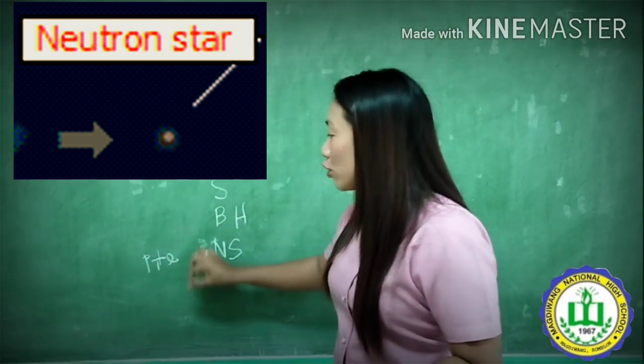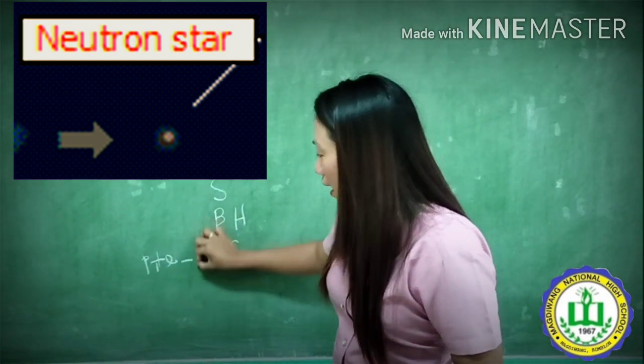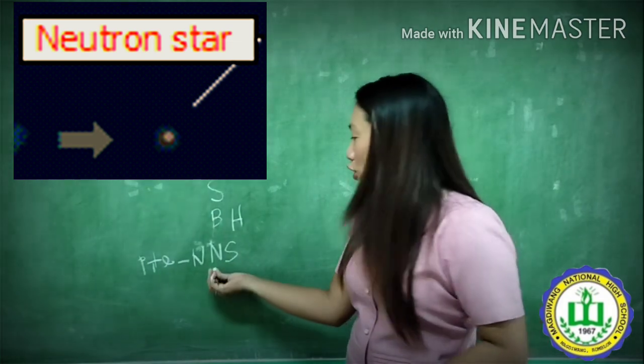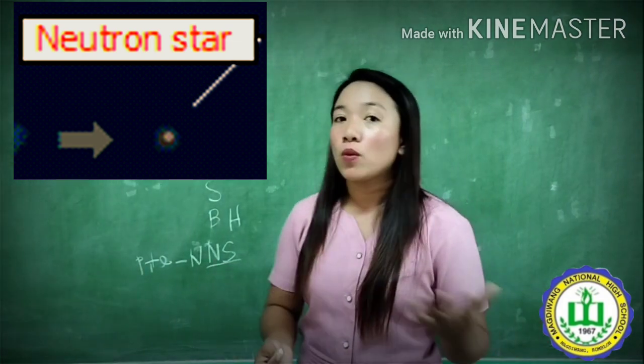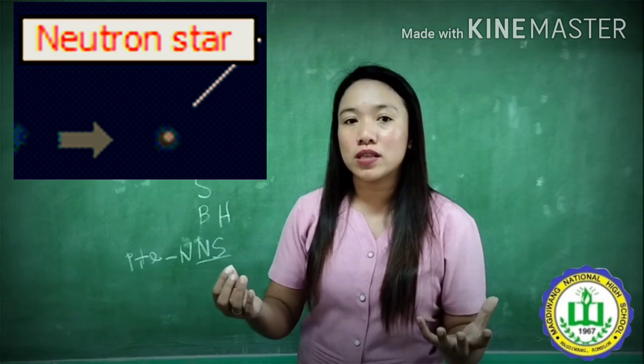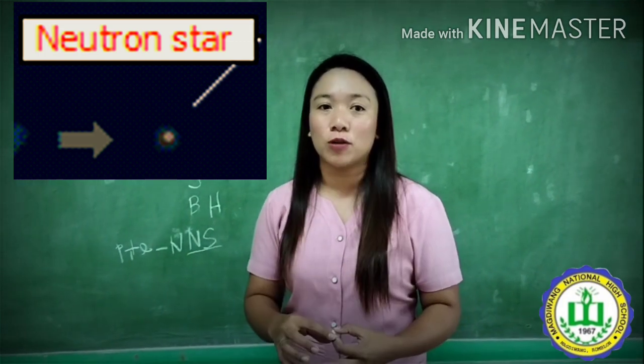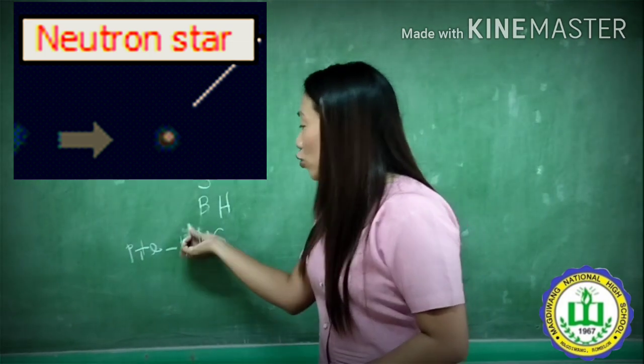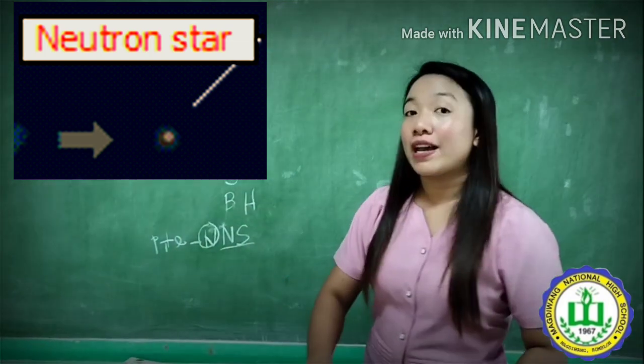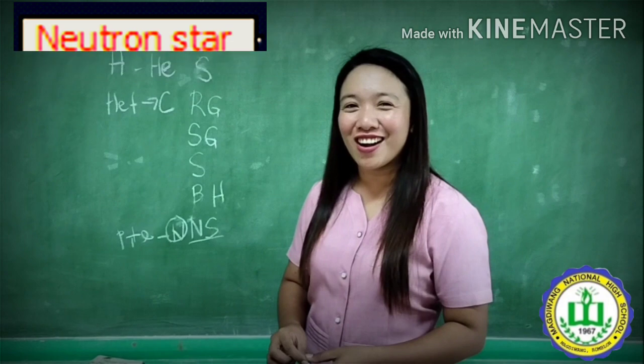When protons and electrons fuse, a neutron star is produced. The star is no longer composed of complete atoms, only neutrons. Kaya nga tinatawag siyang neutron star.